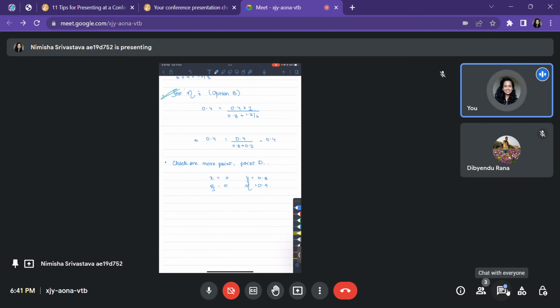So now using that relation, we have 0.4 equals 0.4 into y, in this case 0.8, right? And we have 0.8 plus x by 6, that is 0 by 6, so that's 0. Then we have 0.4 equals 0.4 into 0.8 by 0.8, which is once again 0.4, and therefore our answer B is confirmed.